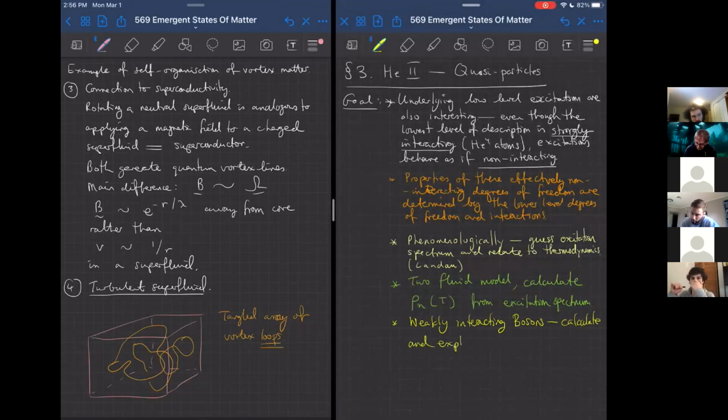So we're going to calculate and explicitly construct the quasi-particles using second quantization and perturbation theory.